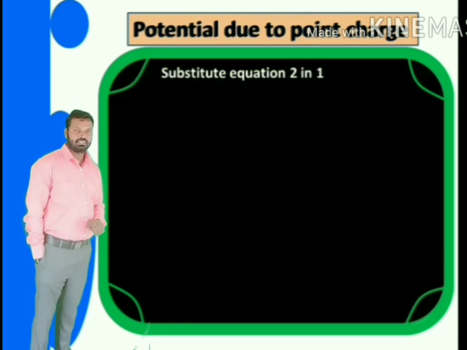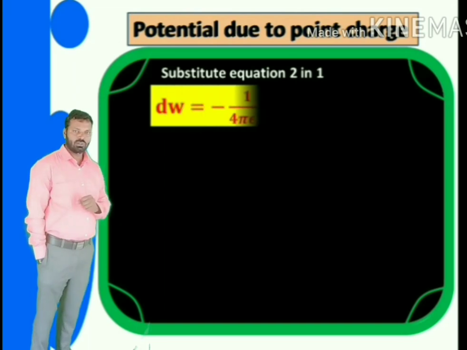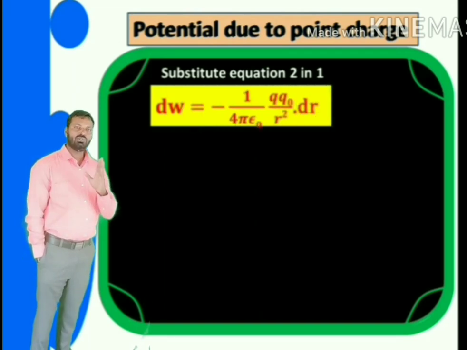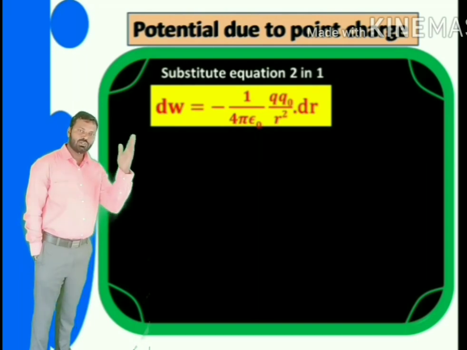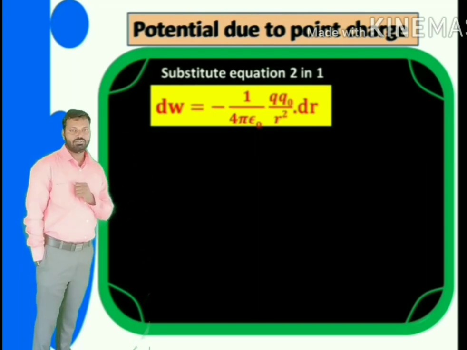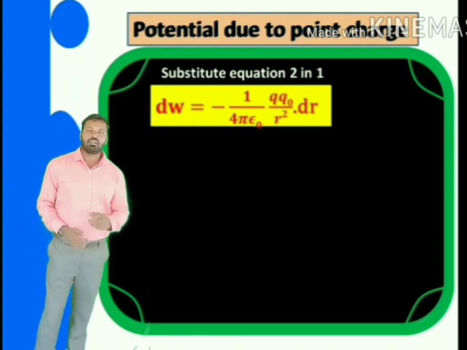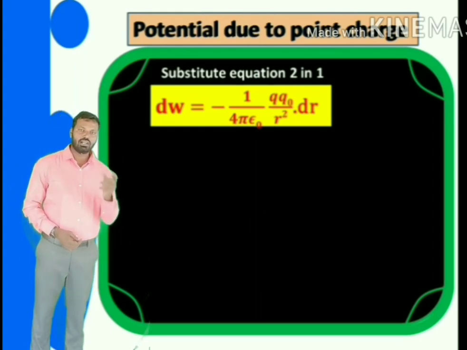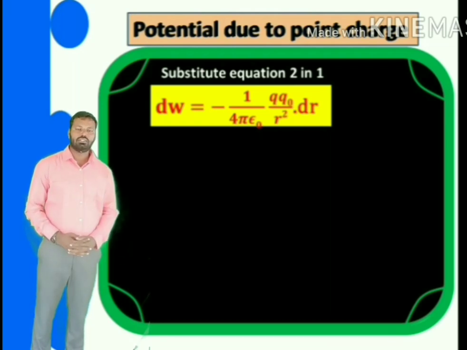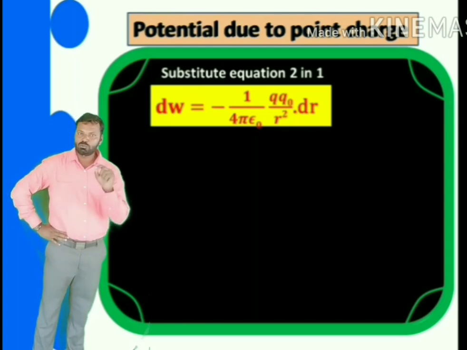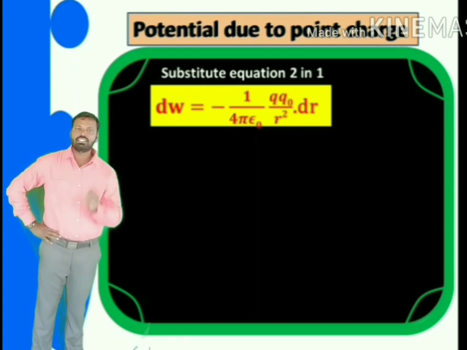Then what I will get? dw is equal to, what is E? 1 by 4 pi epsilon naught q by r square into q0 into dr. That means dw is equal to 1 by 4 pi epsilon naught q q0 by r square into dr. This is only the work done by the external agent to move a small distance dr.